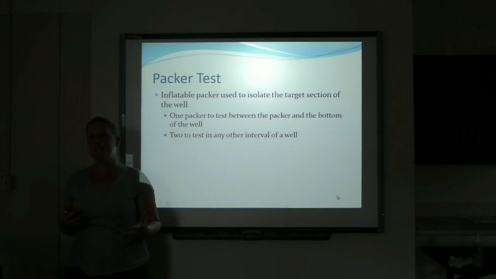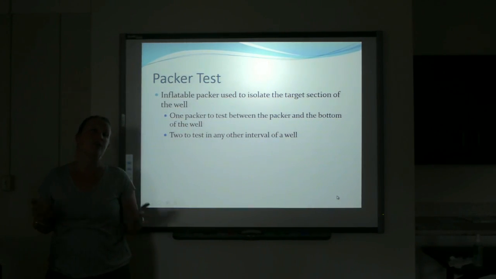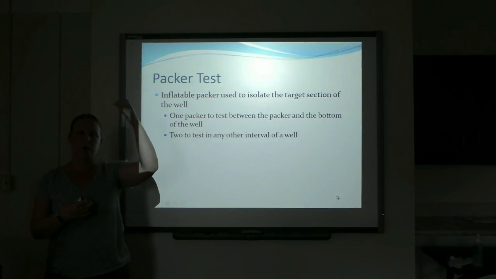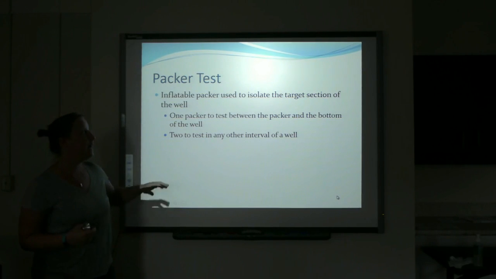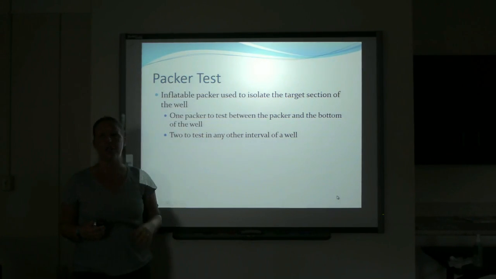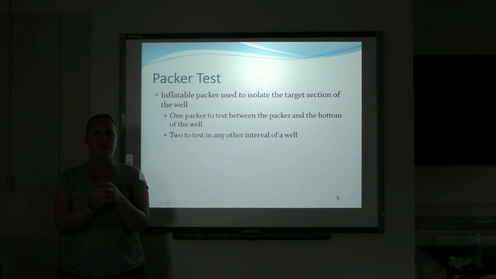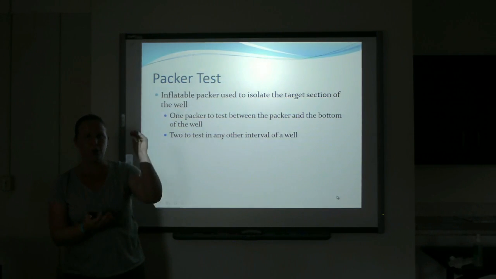With a packer test, this is basically a version of a slug test where we're isolating different parts of the wellbore for that slug test. And these inflatable packers are used to isolate them. So imagine inflatable balloons that will seal off the wellbore and allow you to just test a portion of it.